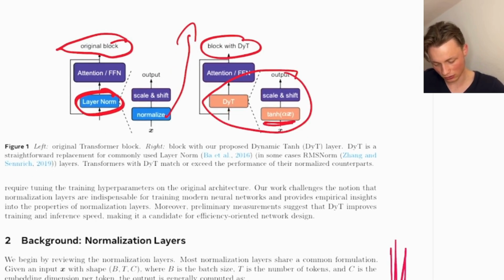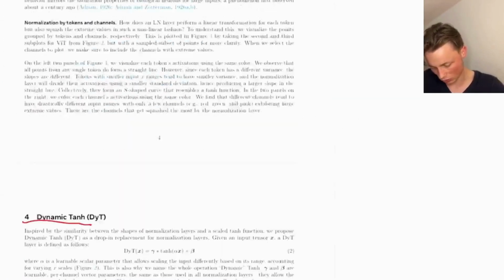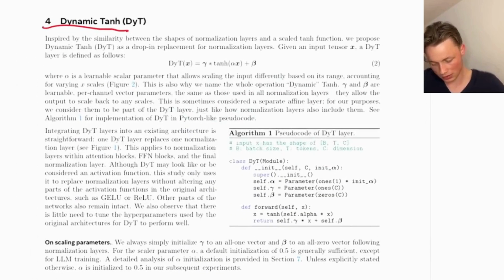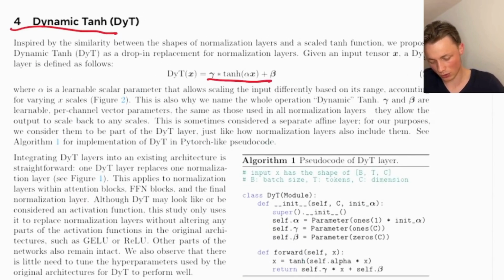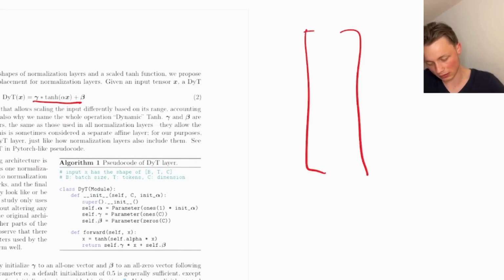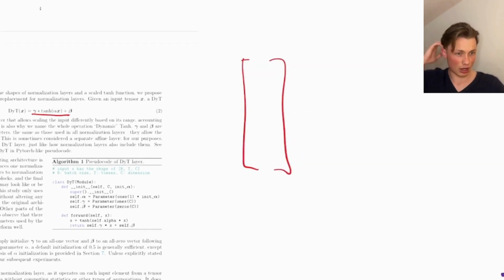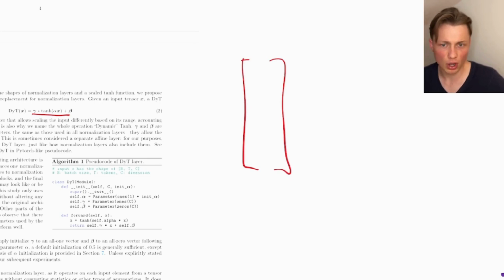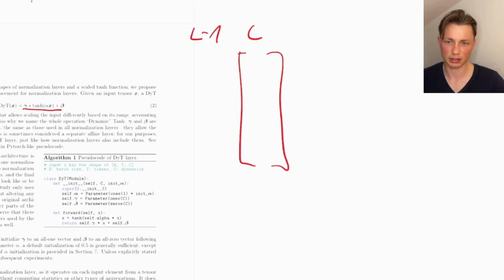And let's just jump back to chapter 4, and here we can see how it works. So x is our output vector, so our activations from layer L-1. So this one is layer L, and this is layer L-1.